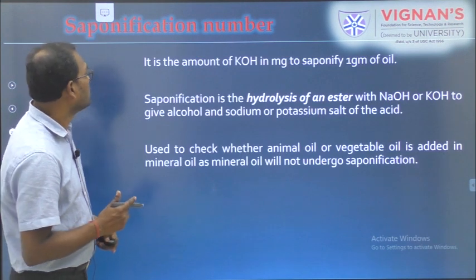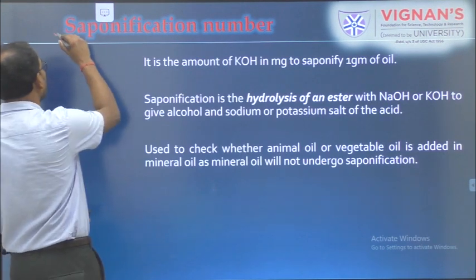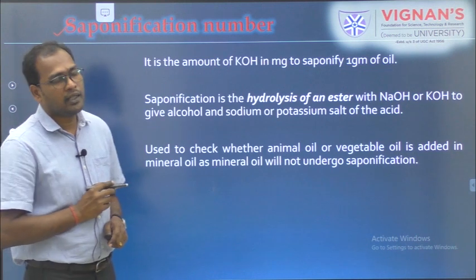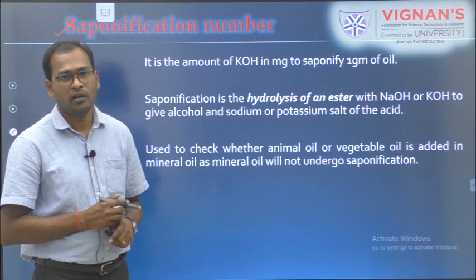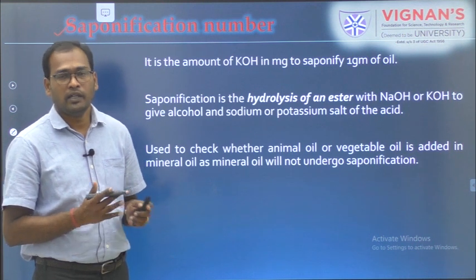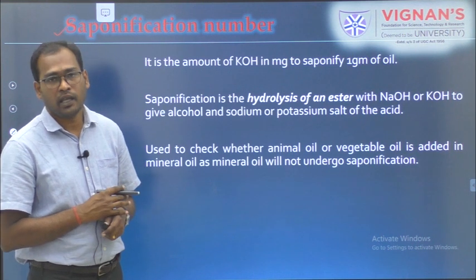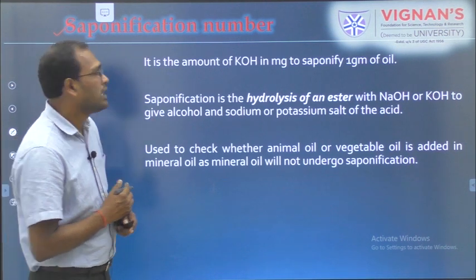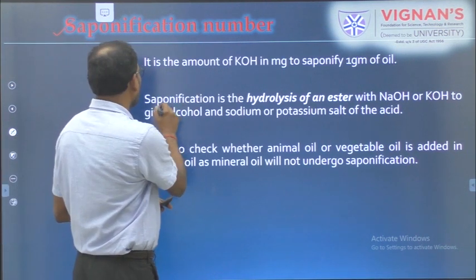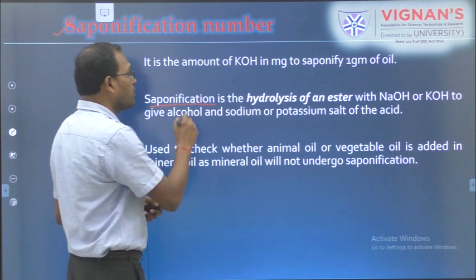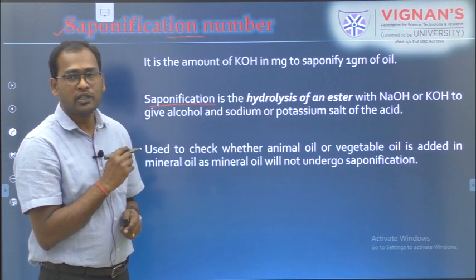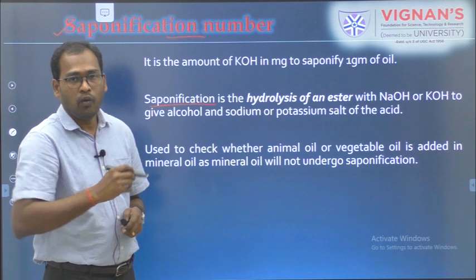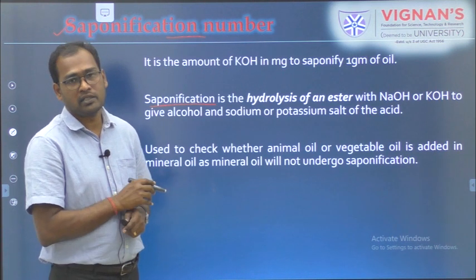Coming to the next one, that is your saponification number, and there is a small difference between the neutralization number and the saponification number. More or less both are the same, but the difference is in the case of the saponification number. This is going to estimate the overall acid content present in the system.